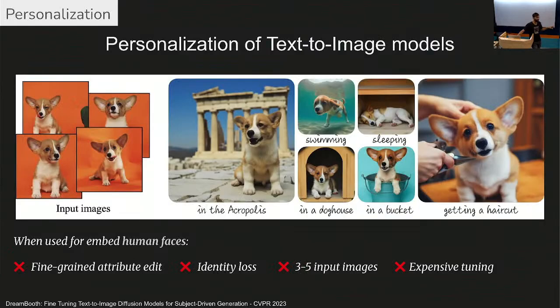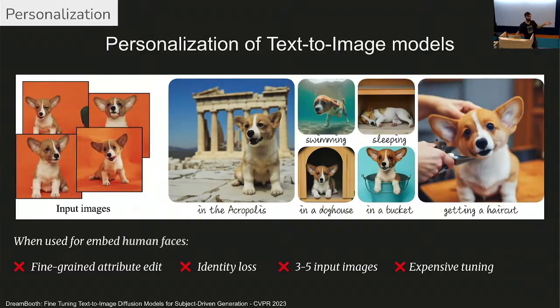As I mentioned, faces have lots of details, and if you miss a little bit, you will not recognize the person as the same person. In dogs, it looks the same, but if you put a face image, it will miss out on that. Again, it requires 3 to 5 images and expensive fine-tuning of the base model. So we solved all of these things specifically for the task of face personalization.